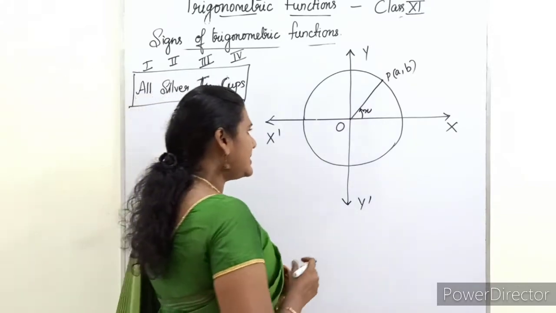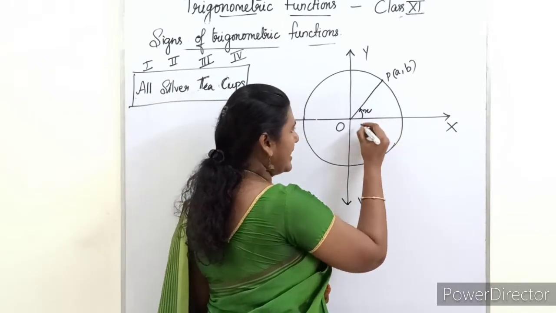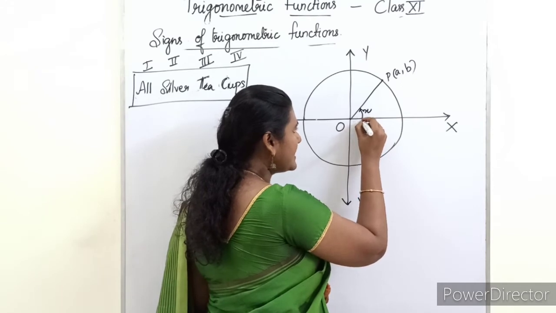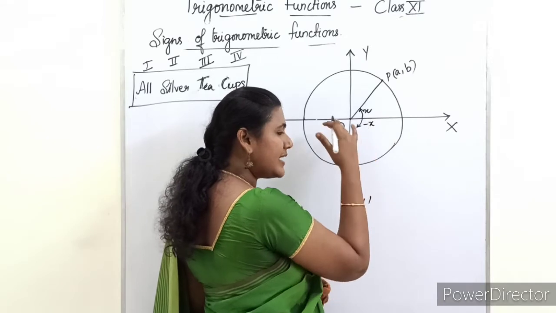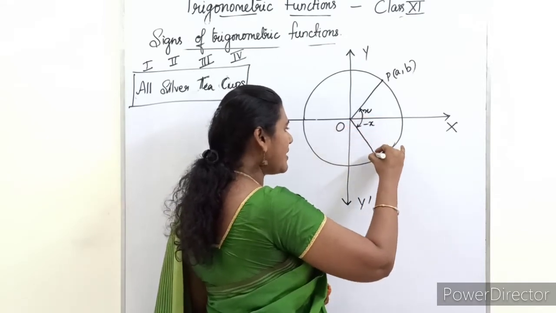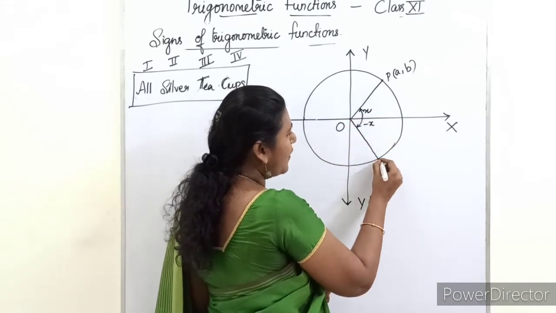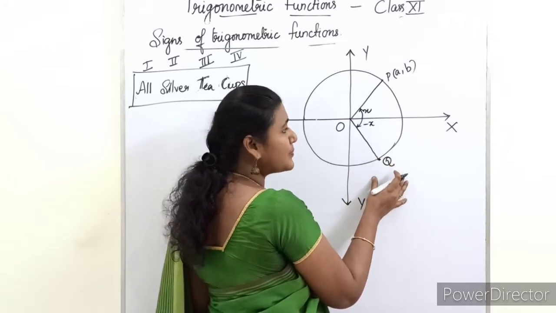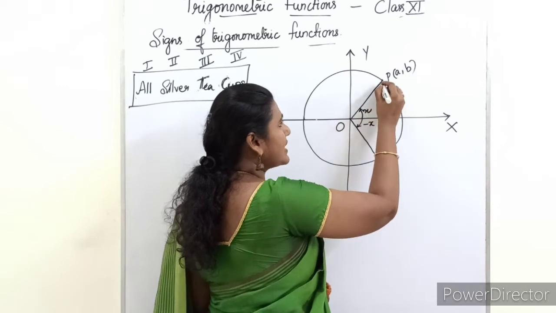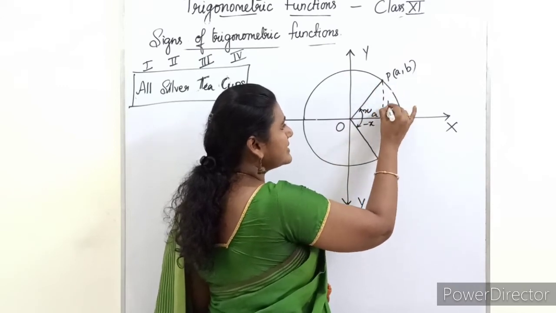Now if I am taking x radian in the clockwise direction from the line OX, this will become minus x. So what will be the coordinates of this point Q? This length is a and this is b.